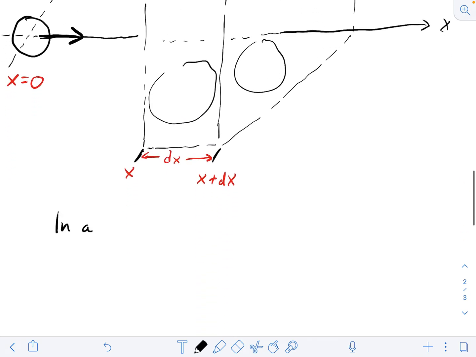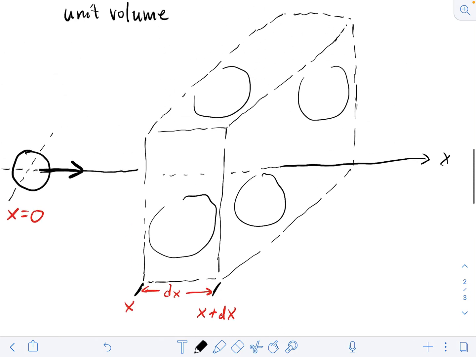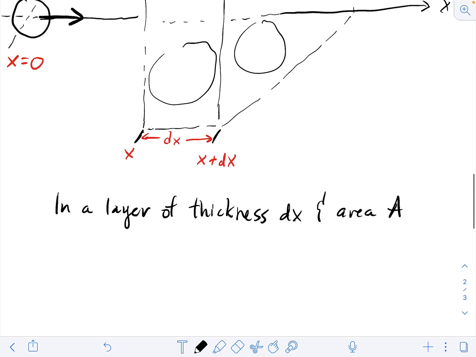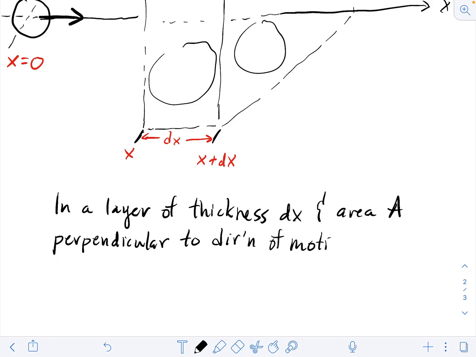So in a layer of thickness dx and area A, so the side of this box has area A, this area A is perpendicular to the direction of motion of a particle, and so we're assuming that we have a particle moving in the x direction.